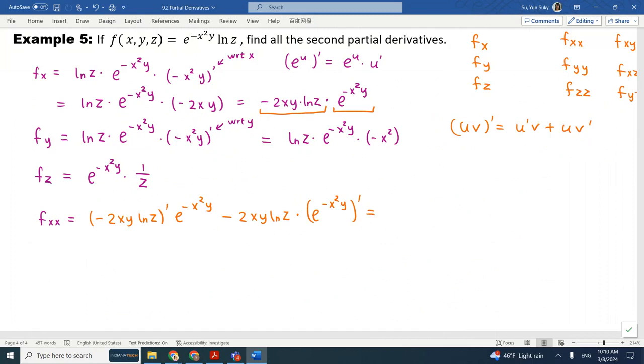Okay, everybody? So the first step, we use the product rule: u prime v plus u v prime.